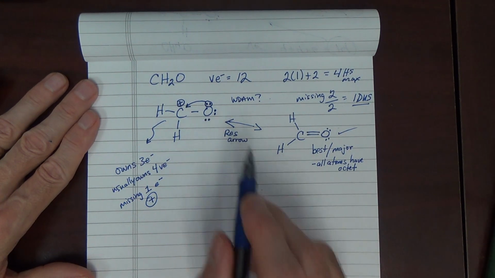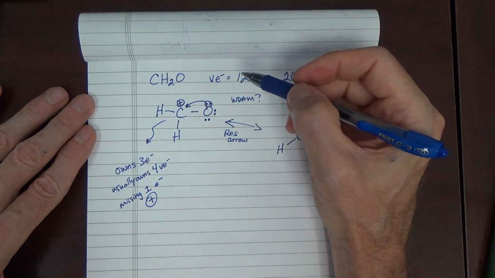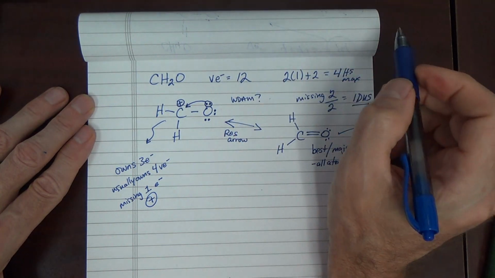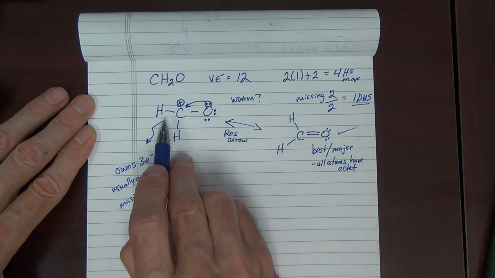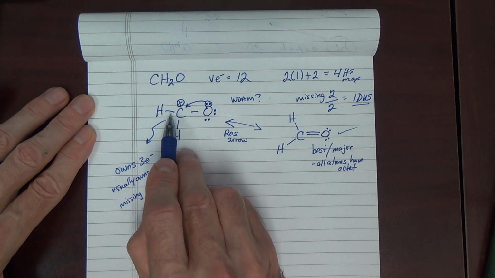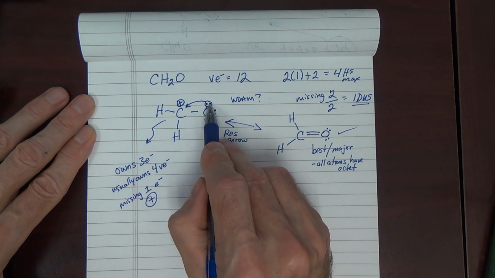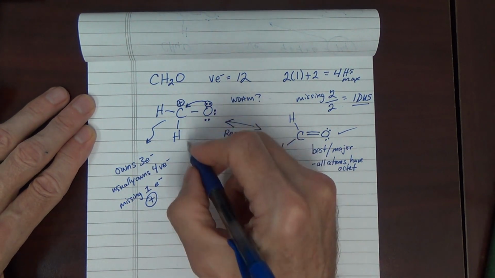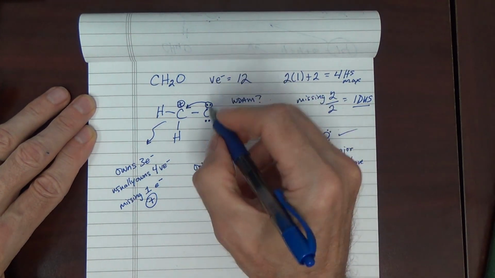Now, how about the charge of the oxygen? How many does it own? Well, an atom owns its lone pairs outright, 2, 4, 6. And then it owns 1 of each bond. See, the carbon owned 1 of each bond. It owned 1 of these electrons, 1 of those, and 1 of those. Total of 3. Oxygen owns 6, plus 1 of those, 7. Owns 7 electrons.